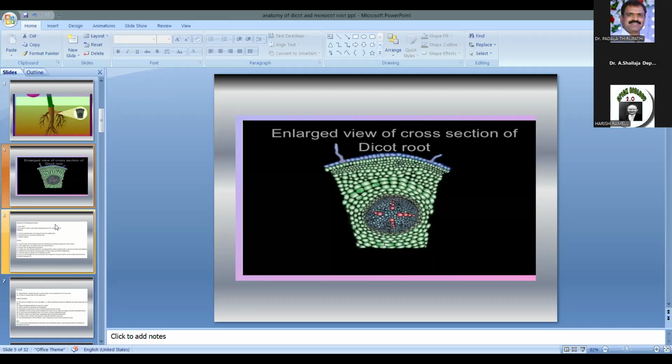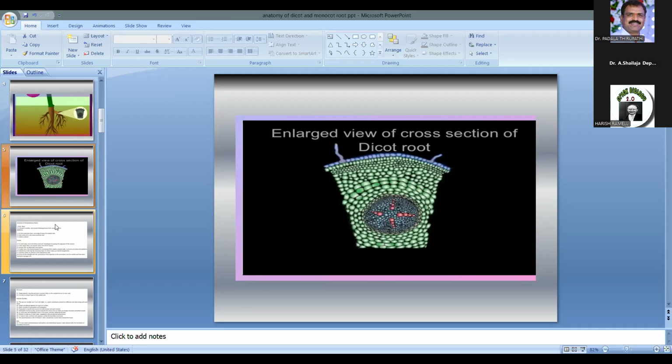They may be diarch, triarch, tetrarch, pentarch, hexarch or polyarch. The pericycle gives rise to lateral roots and a secondary cambium at the time of secondary growth. The pith is very scanty or altogether absent. This is about the dicot root anatomy.